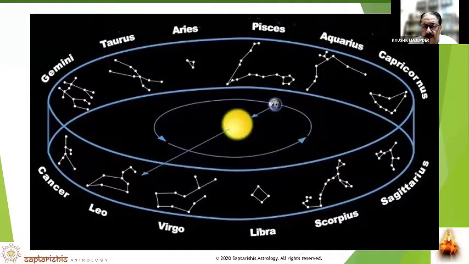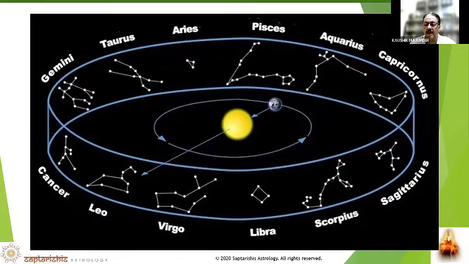The shapes of the stars have been studied, and according to the shape of the stars, the name of the sign or the Rashi has been given. This looks like a ram. This looks like a bull. So when you see the sky with a telescope, you will see all these stars and the signs. So this is what the zodiac is we are talking about.